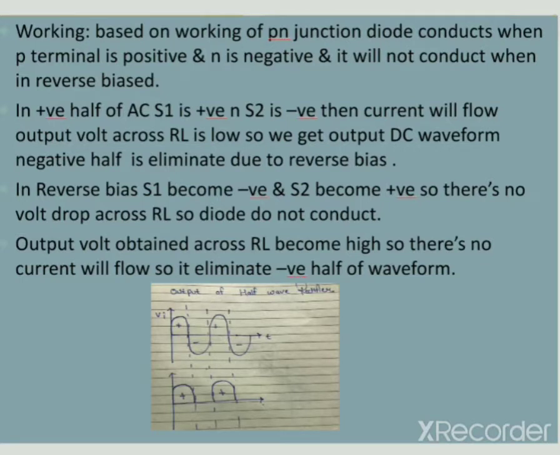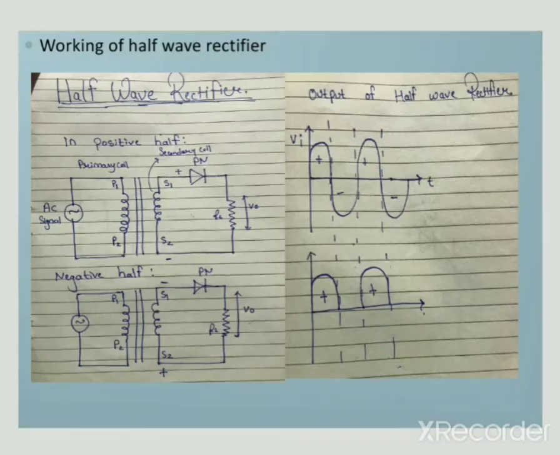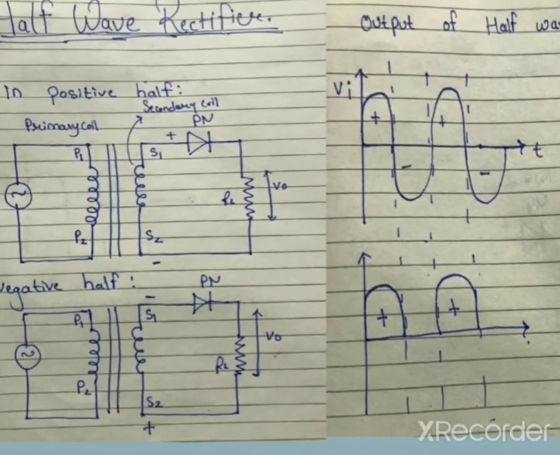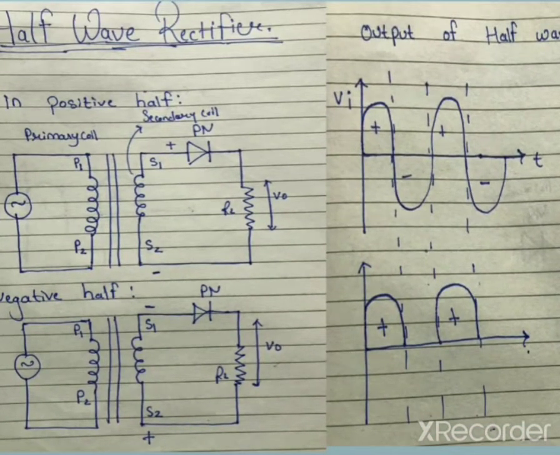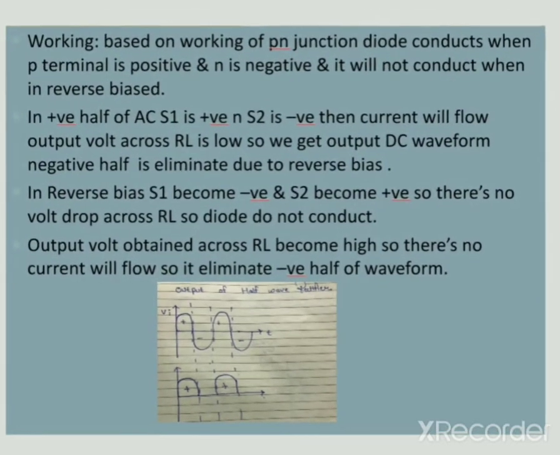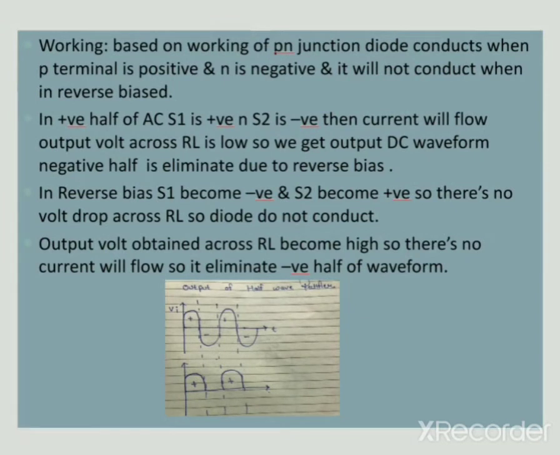As you can see in the diagram, P is positive when S1 is positive and S2 is negative. It will not conduct in reverse bias, as the PN junction diode does not conduct in reverse bias. In the positive half of the AC, S1 is positive and S2 is negative.